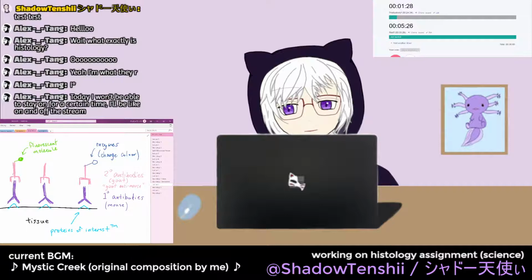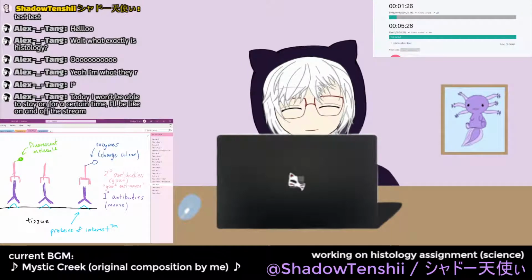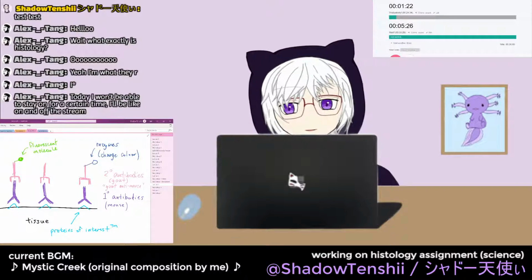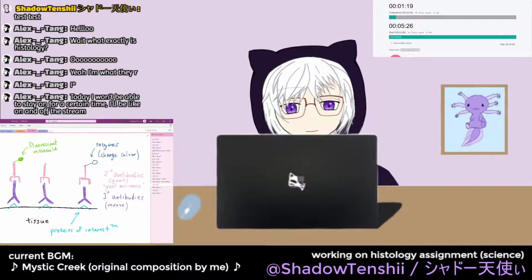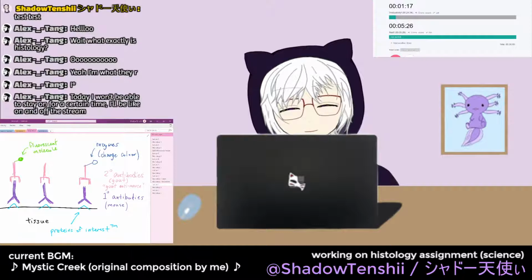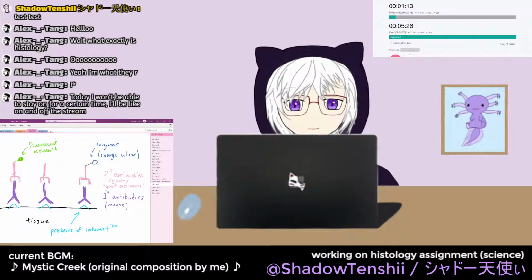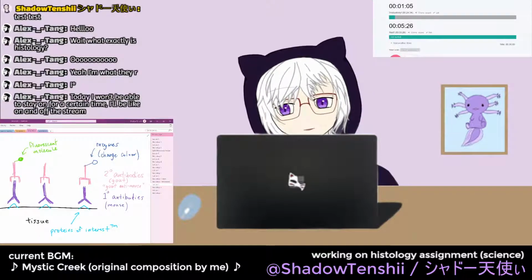By staining, sectioning, and preparing the tissue, and then viewing it under a microscope, you can view where crystallin is located on the lens of the eye, which is pretty cool. I think it's the lens. No, I'm not sure.